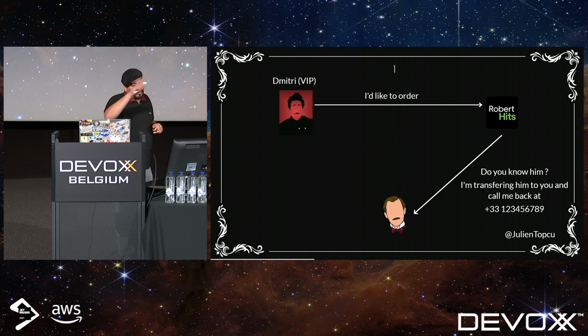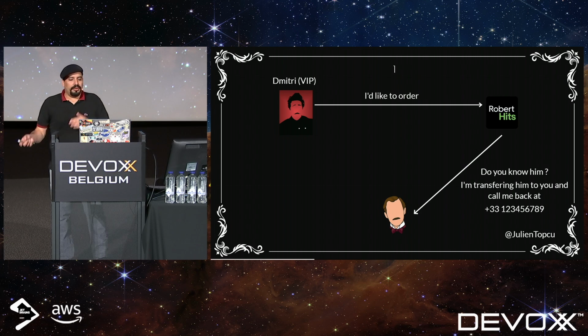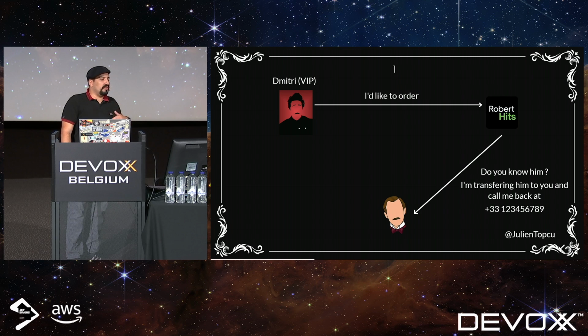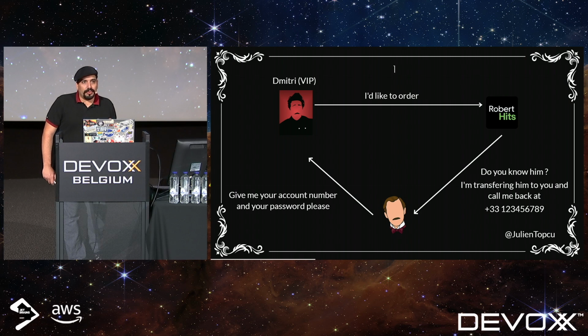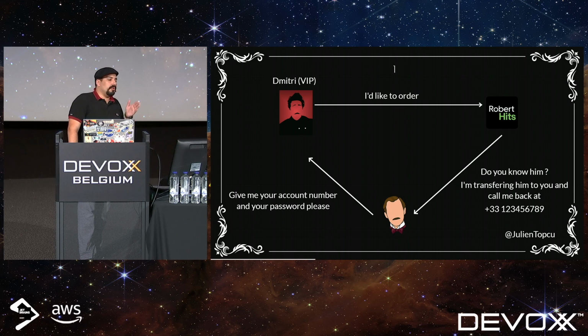OK. So they transfer Dimitri to Gustave. They are no longer in the communication, and we have a direct call between Gustave and Dimitri. At that time, Gustave asks for Dimitri's account number and password. And here, this is fine, because Dimitri trusts Gustave. He knows that he is the manager of the hotel.